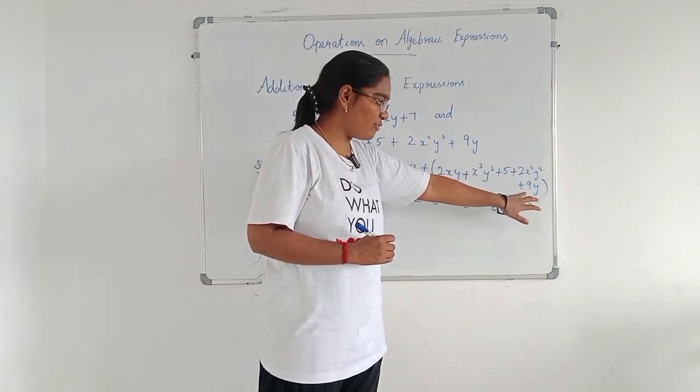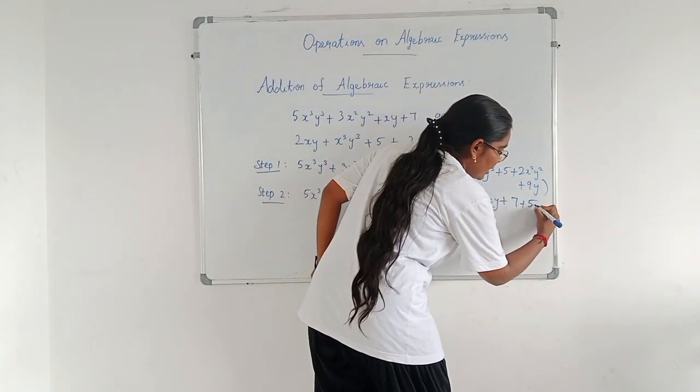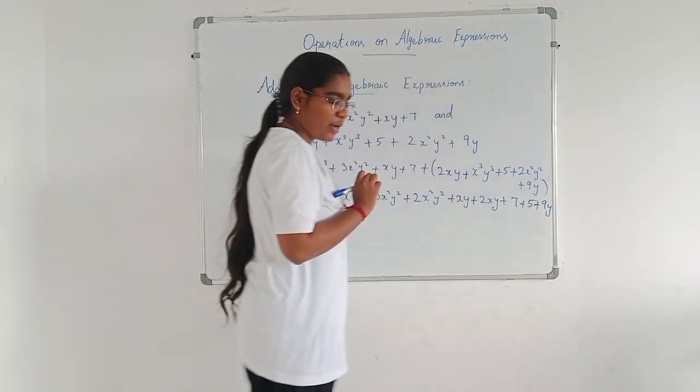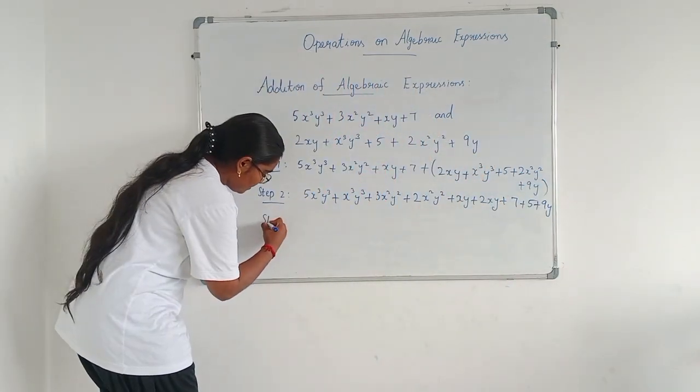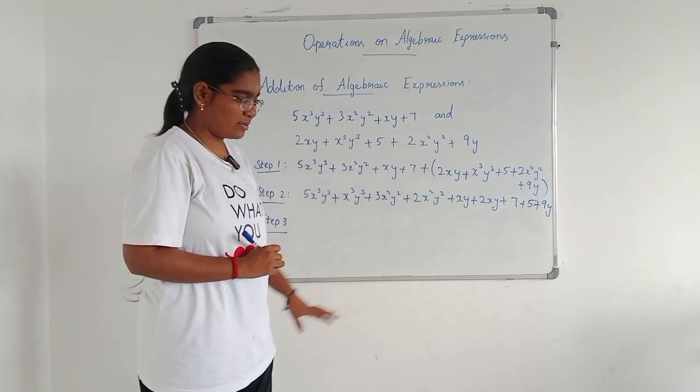But for this term there is no other like term, so we should write it as it is, plus 9y. Next, in step 3, we should add these like terms.